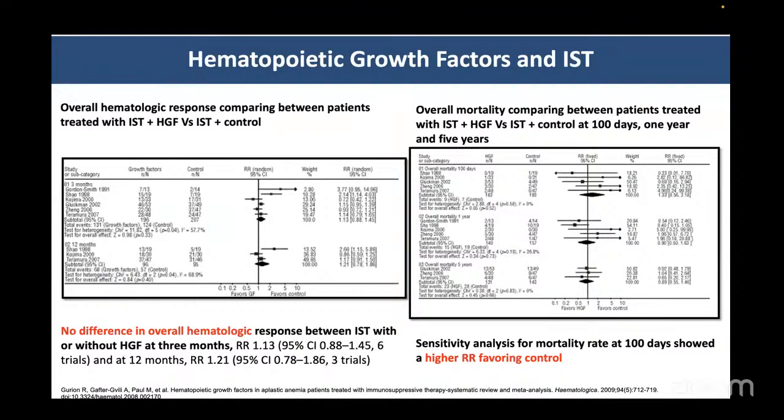And with the use of hematopoietic growth factors, there was no difference in overall hematologic response. We don't have a routine practice of using hematopoietic growth factors at our institute in absence of any frank neutropenic sepsis, because the responses are not well documented, and if at all, they're short lasting and they may prove to be inflammatory as well to the patient.